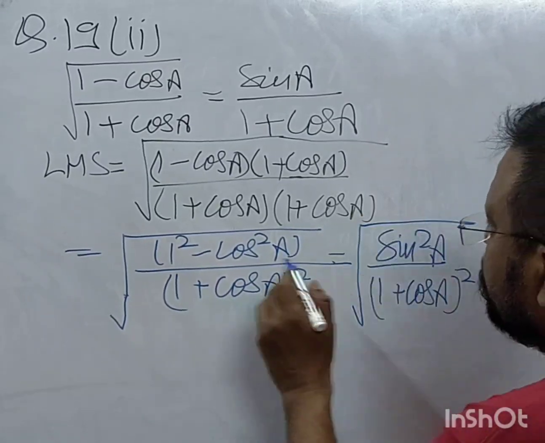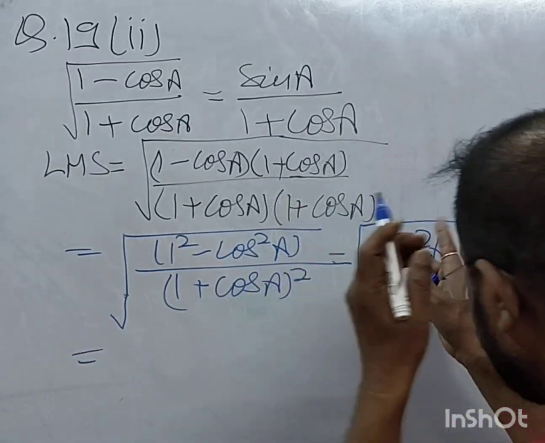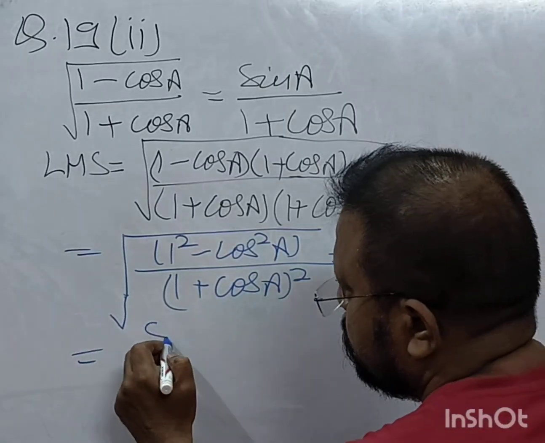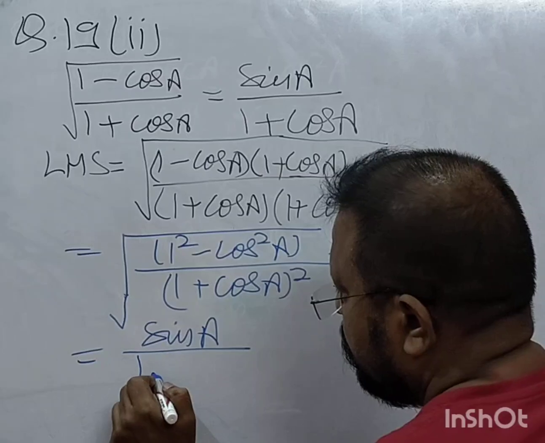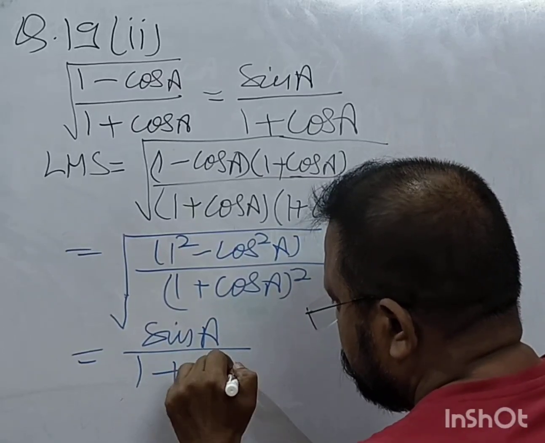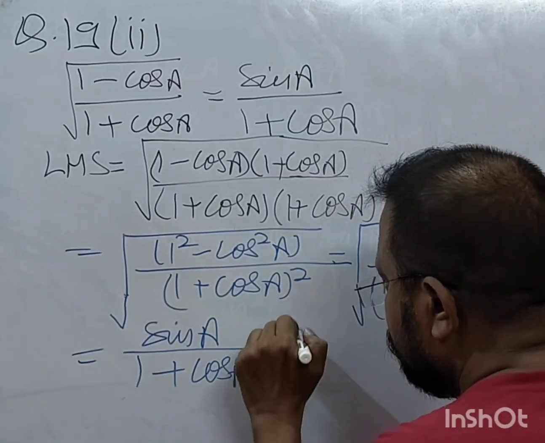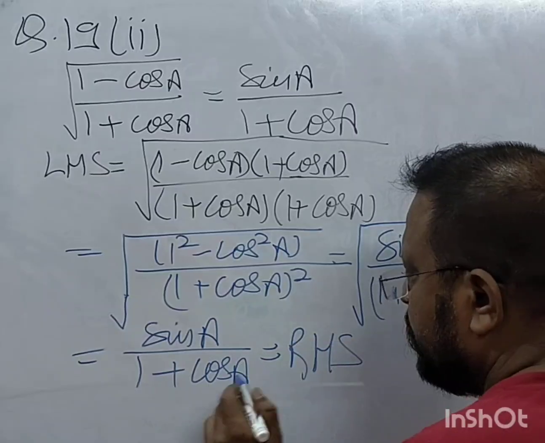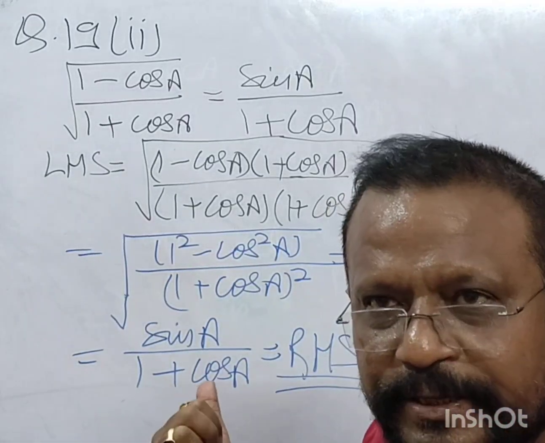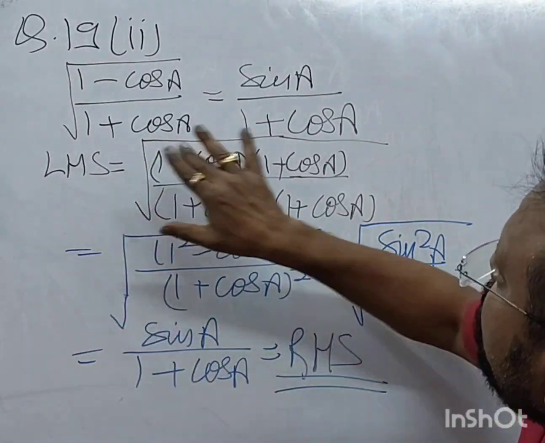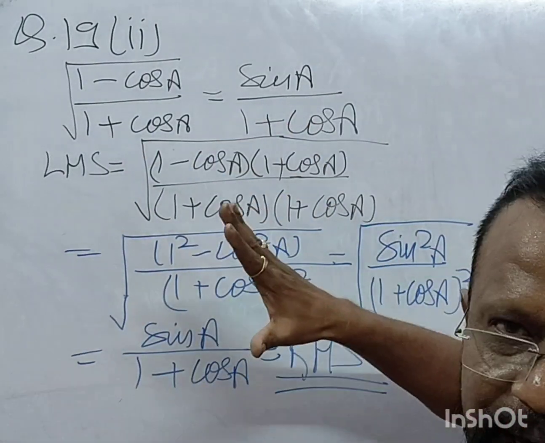Taking the root, it becomes sin A upon 1 plus cos A. This is equal to RHS. I hope you understand. Actually we need this, that's why we make that arrangement.